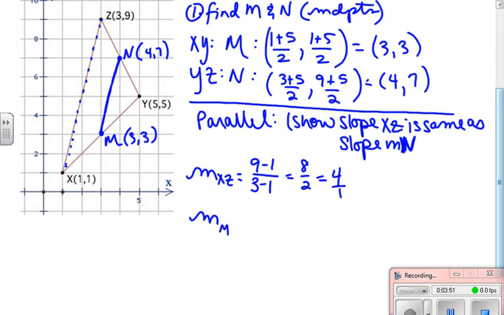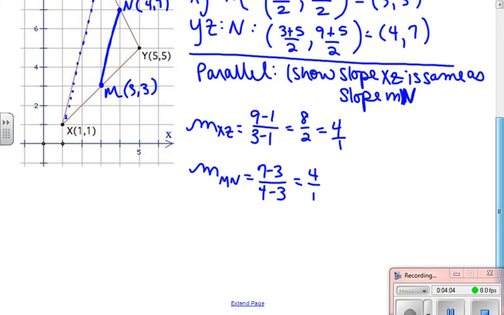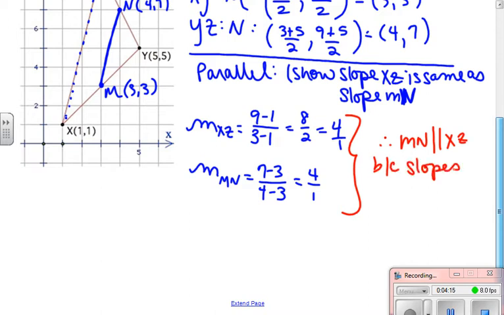My slope of MN, if I take 7 minus 3 over 4 minus 3, I get 4 over 1. And then what you need to do to verify it, I go like this. I say, therefore, MN parallel XZ because slopes are same. And that conclusion just shows you understood what you found.